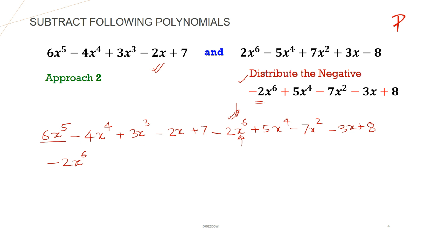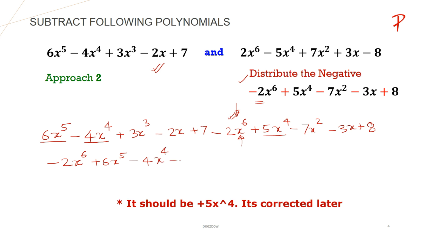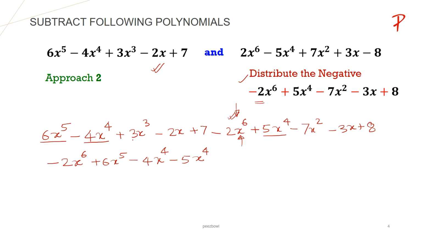Here x has the second highest power, that is 5, plus 6x to the power 5. After that we have minus 4x to the power 4 and 5x to the power 4. I will write both these terms together because both have same power of x. Okay. After that here we have x to the power 3. In the second polynomial we do not have any term having degree of 3.